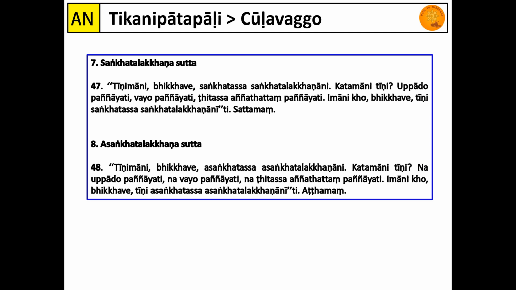So Sankhata is something that was built or has been built by a collection of things. And we also identified through the Sankhata Lakkana Sutra what the characteristics of a Sankhata are. There should be a birth, there should be a change and a death. Those are the characteristics of a Sankhata.